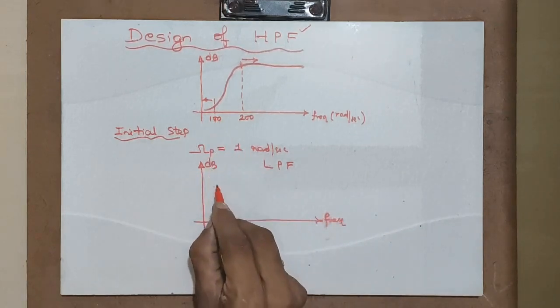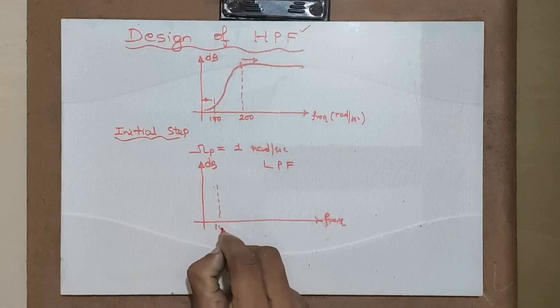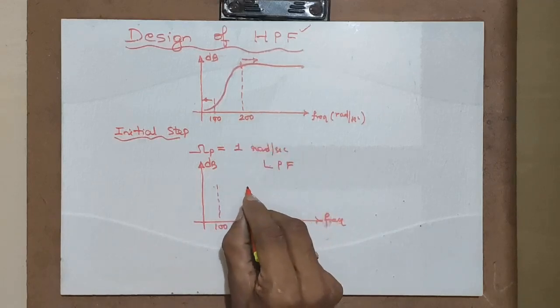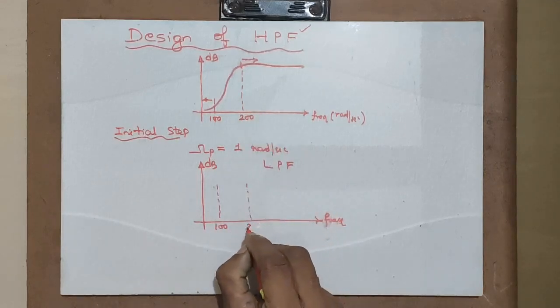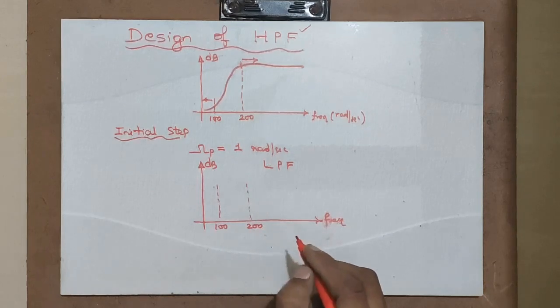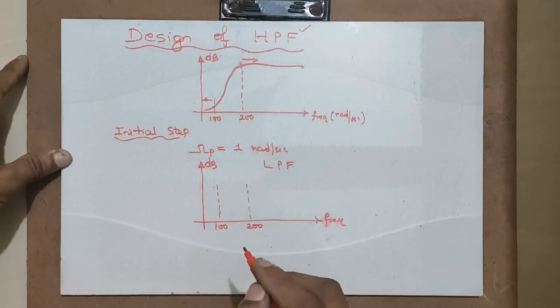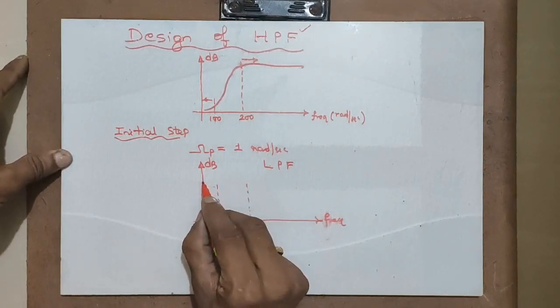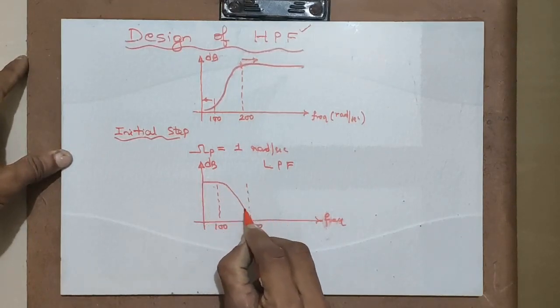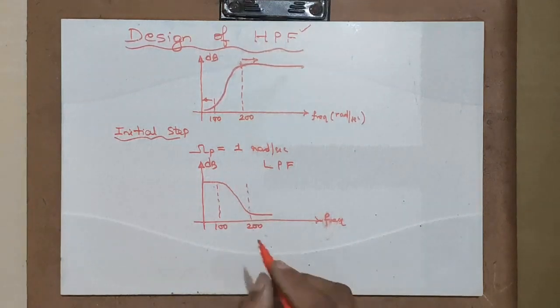You can see that this is 100, isn't it? And this is 200.